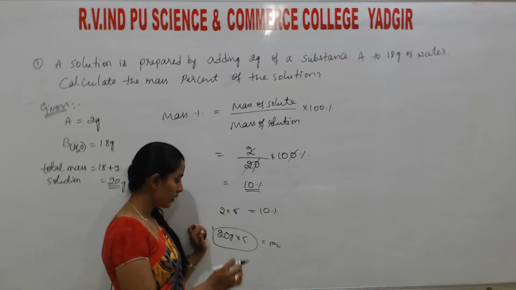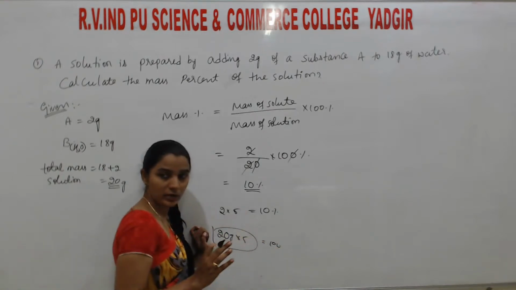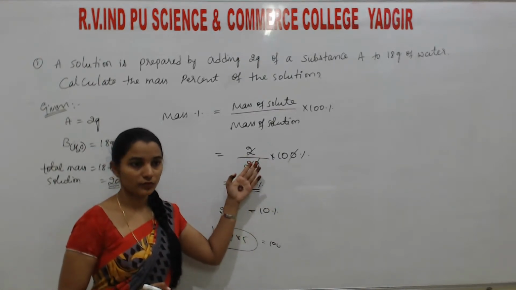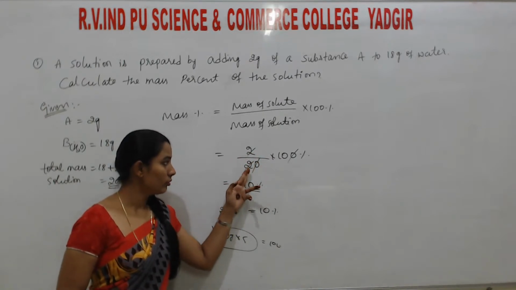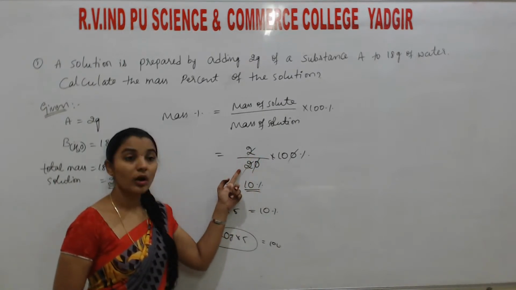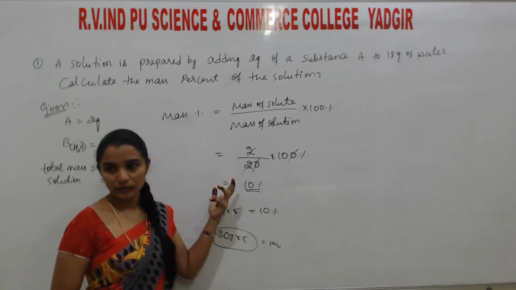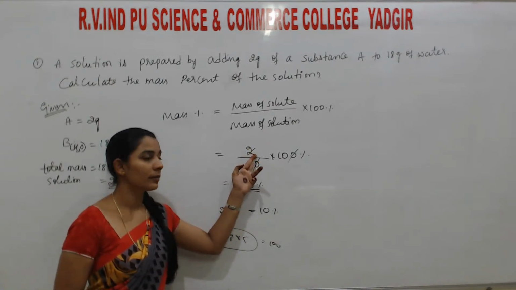Are you getting my point? If it is multiplied by 5, then only it is 100%. Always, if you get anything in the solution, whether 40, 50, 30, try to make it 100 either by multiplying or by addition.